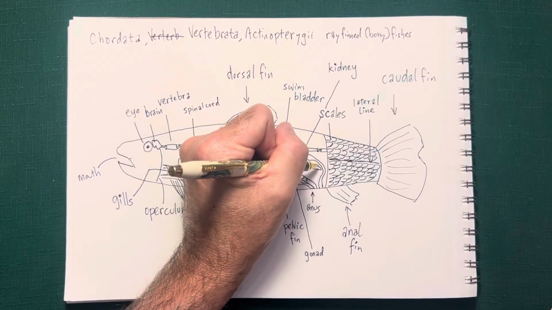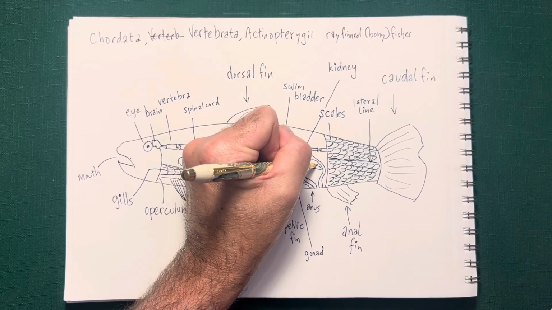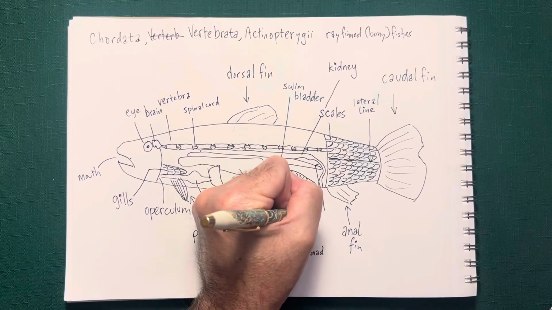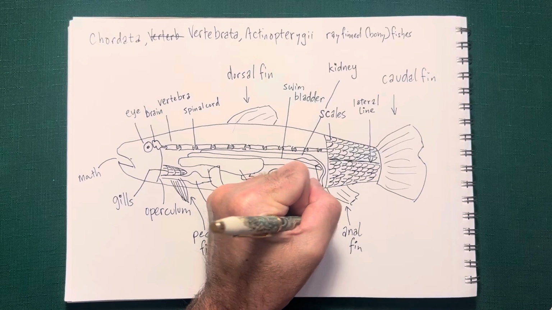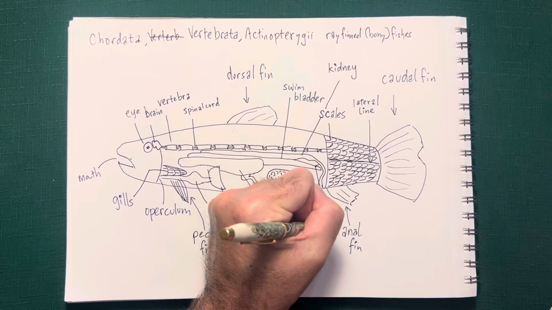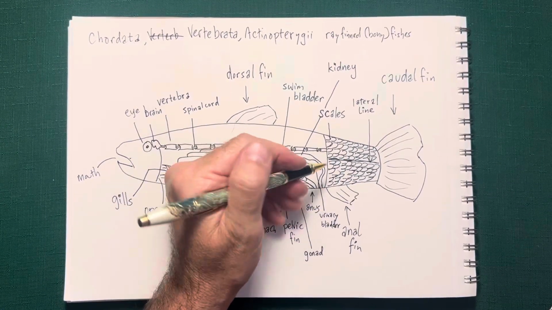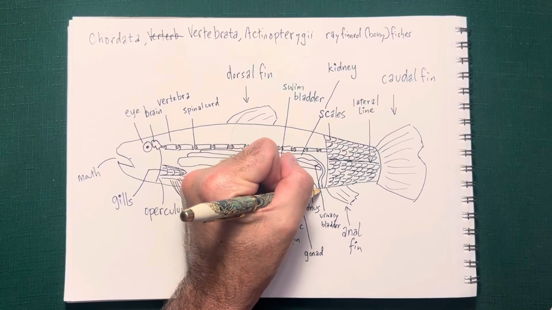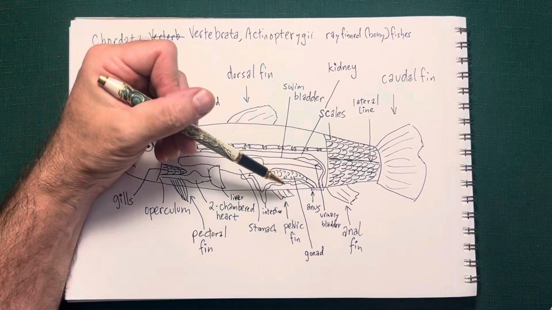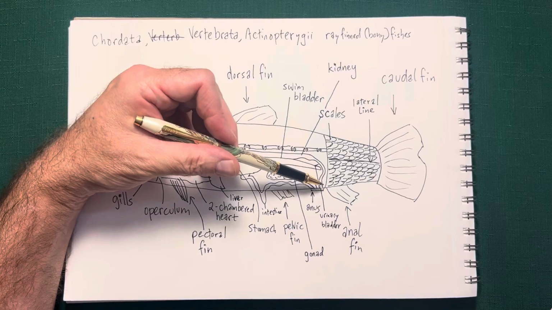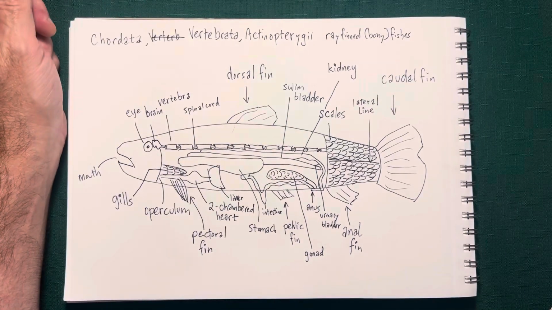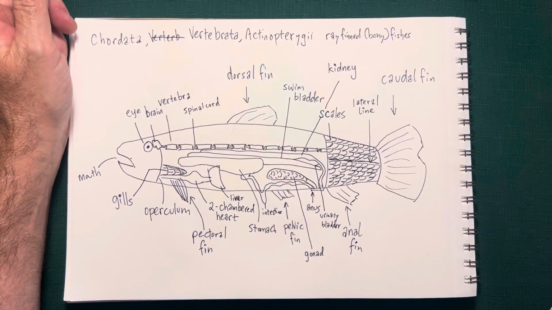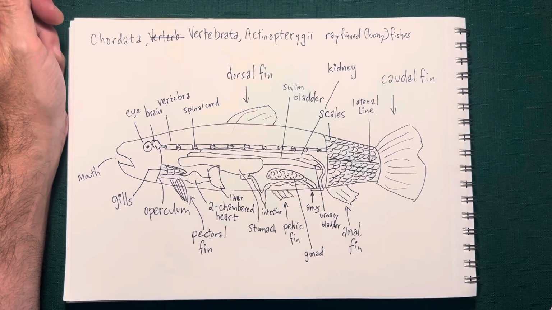There's going to be a urinary bladder. And that is also going to empty out through this shared opening here where we've got the anus, the gonad emptying out, and the urinary bladder out. So one opening for 3 separate systems.